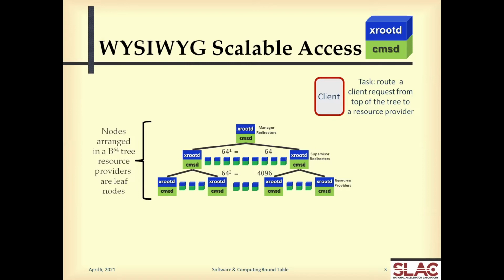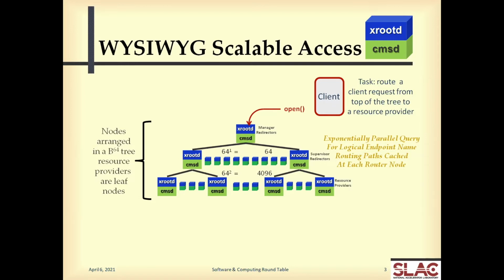So the task here in this little video presentation is to route a client request from the top of the tree to a resource provider, which is at the bottom of the tree. The client issues an open request to the manager, which is a redirector. Then the manager does an exponential parallel query to find out where the resource is in that tree, and then caches the paths to get to that resource along all the routers.